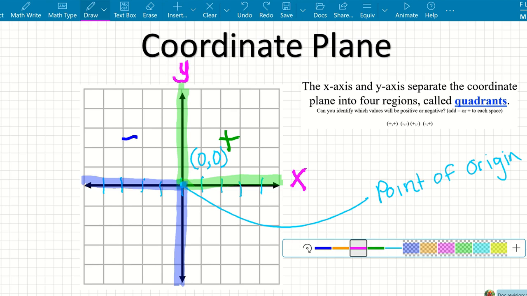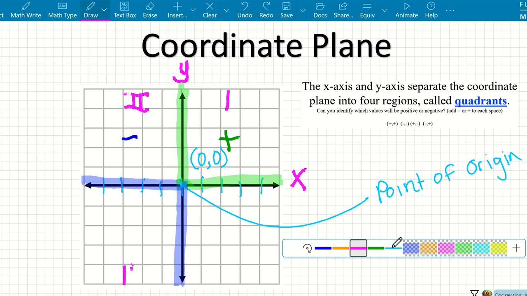Notice that we've also divided this entire plane into 4 different sections. Each one of those sections has a special name. The top right is going to be quadrant 1. The top left section is going to be labeled as quadrant 2. Notice that we're using Roman numerals.